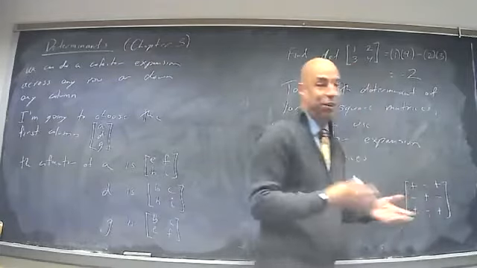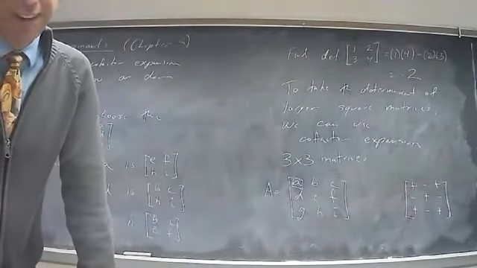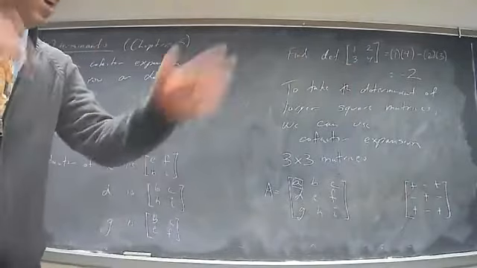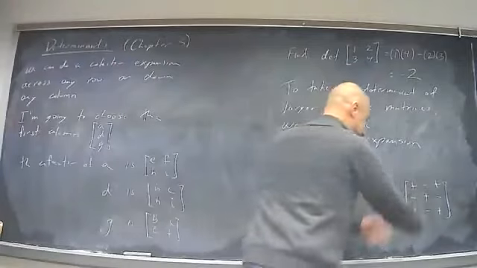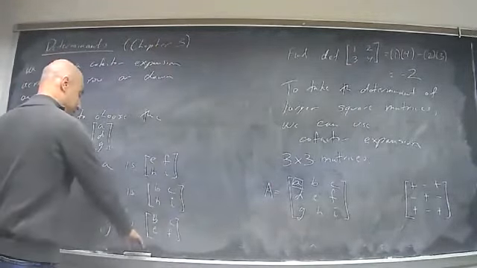It's like the checkerboard pattern with the black and the white squares. On a checkerboard, I guess it's red and black, and on a chessboard, it's black and white. Whatever. You get the idea. It's just a checkerboard pattern, and in the upper left-hand corner, there's a plus sign.